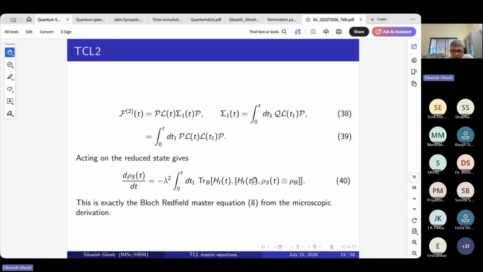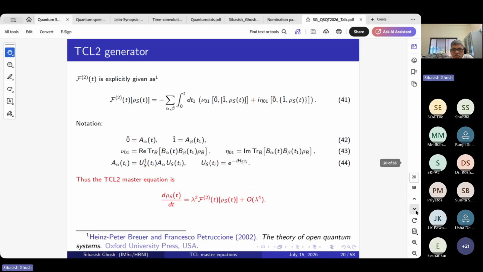Now, as I said, the Bloch-Redfield equation is not a completely positive dynamics. In order to make it completely positive, one way out is to assume also the rotating wave approximation, but we are not assuming the rotating wave approximation while dealing with TCL. So TCL2 is basically the Bloch-Redfield equation. Okay, good. Now you see that if you use all this approximation, and this operator form, what you will get is this equation finally.